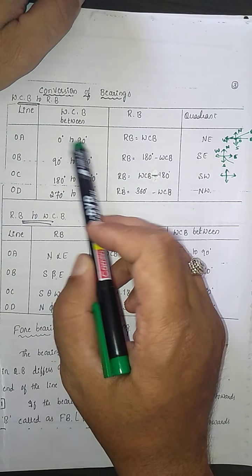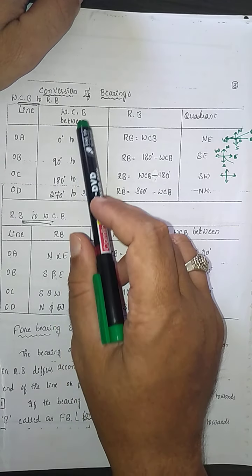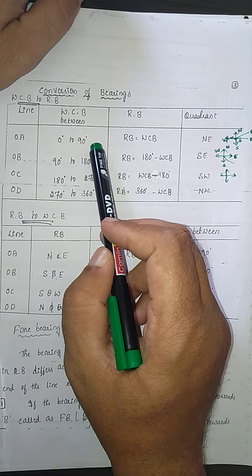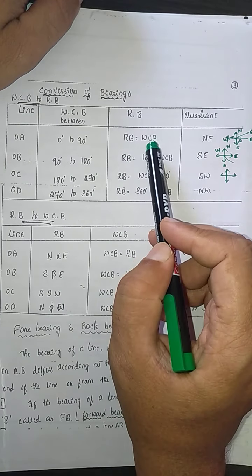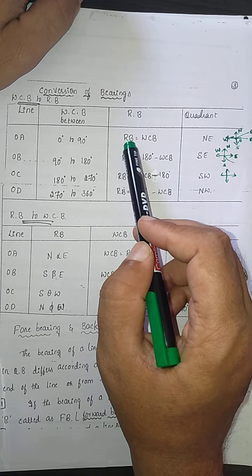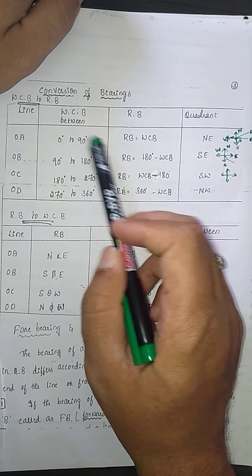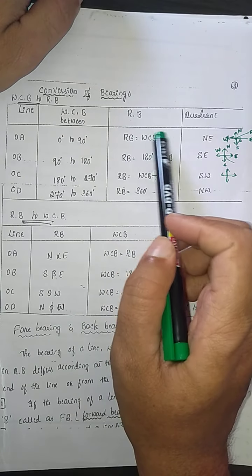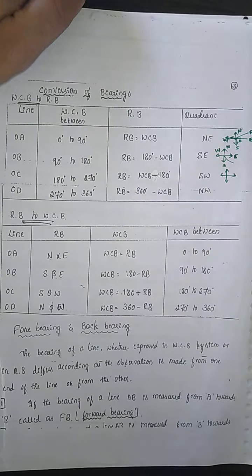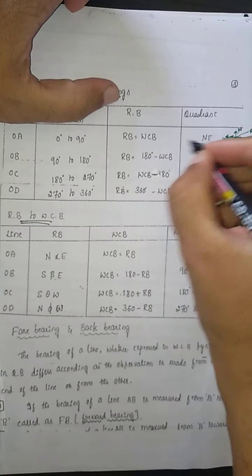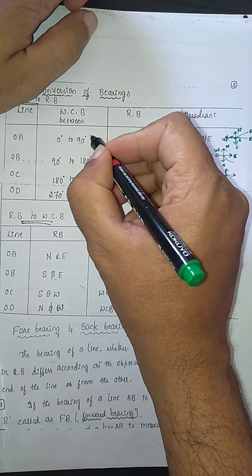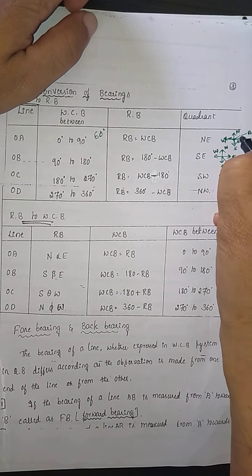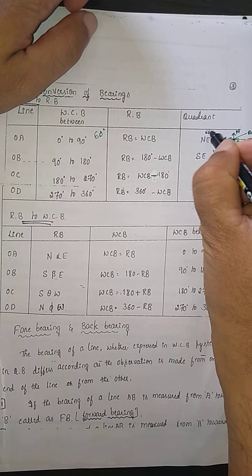Now suppose the angle is between 0 to 90 in the whole circle bearing. If the angle is between 0 to 90 degrees, then in order to convert it into reduced bearing, you will be using the same angle. Suppose here, instead, we take it as say 60 degrees. So here you are going to mention it as north 60 east.